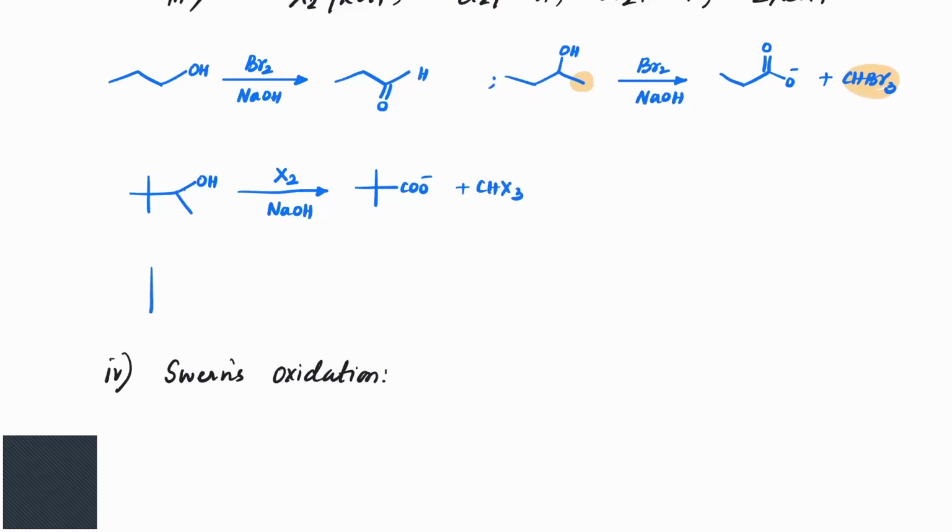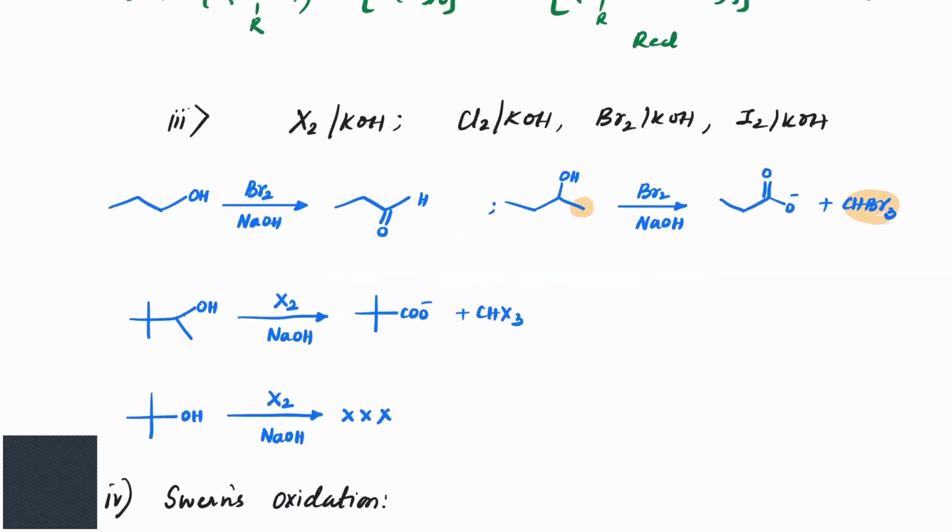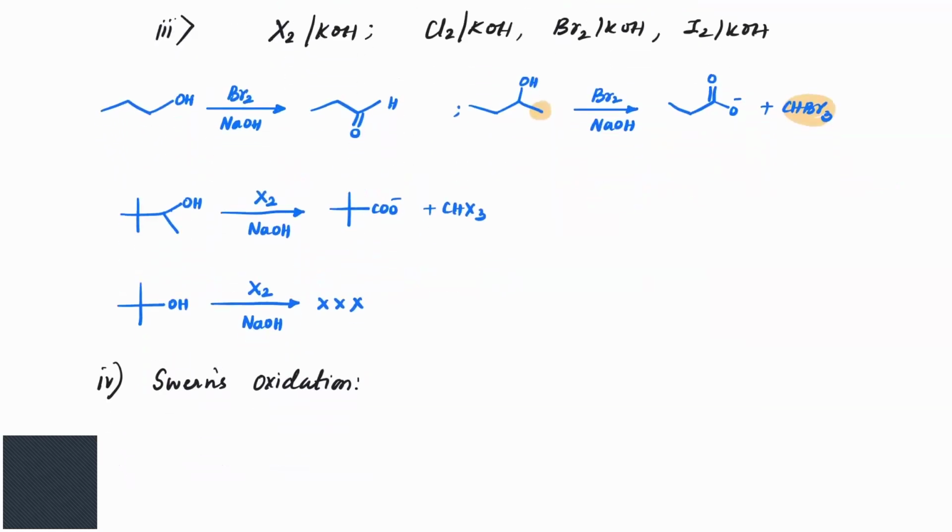But if it is a tertiary alcohol itself, then there is no reaction. With X2 and NaOH, in that case, we will not see any reaction happening. Done. This is a reaction with halogen in basic medium.